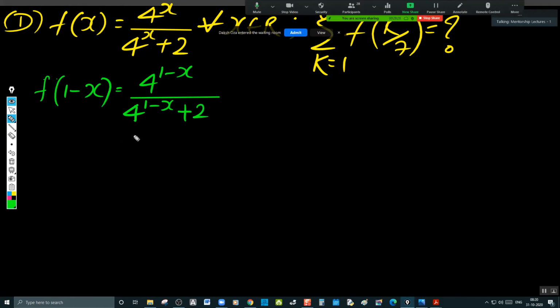Now, if you simplify this, this is 4 divided by 4 power x, and after taking LCM and all, you will get 4 divided by 4 plus 2 into 4 power x.